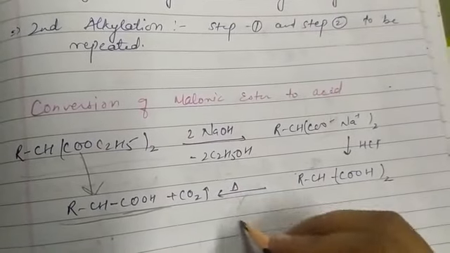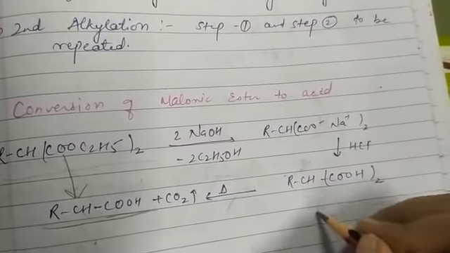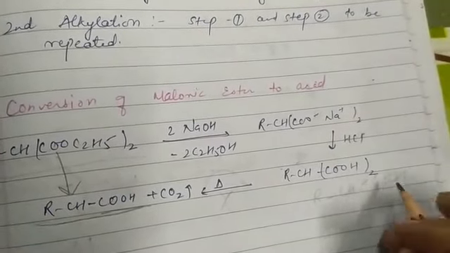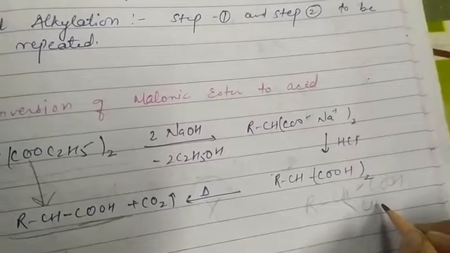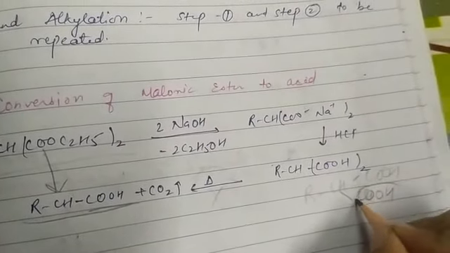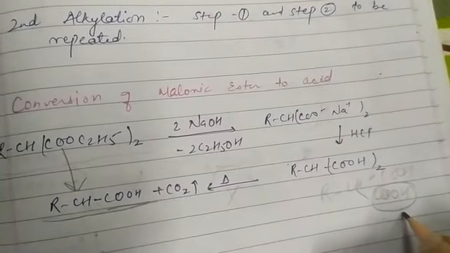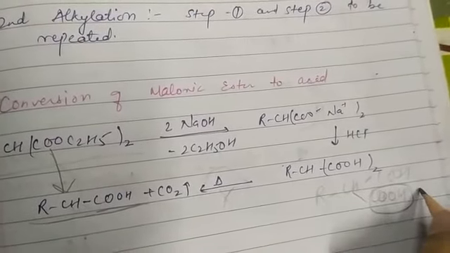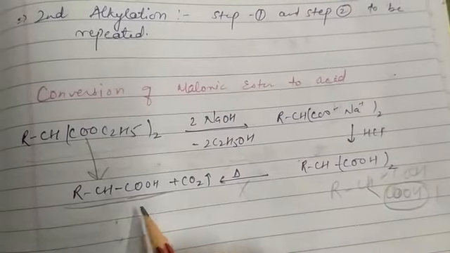If this step isn't carried out, then you will get dicarboxylic acid. But if you heat it, then this carboxylic acid will be removed as carbon dioxide gas, and you will get monocarboxylic acid.